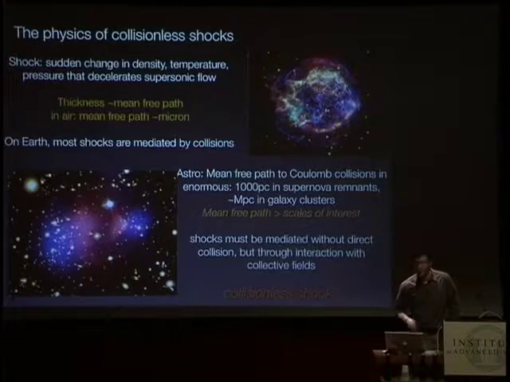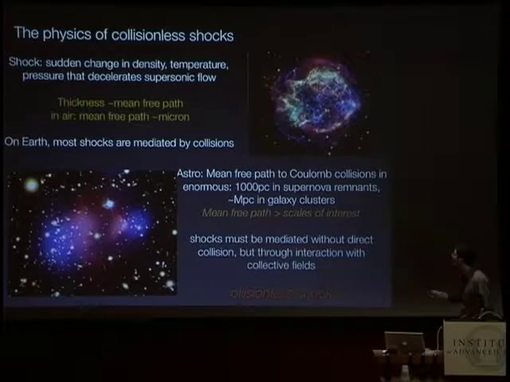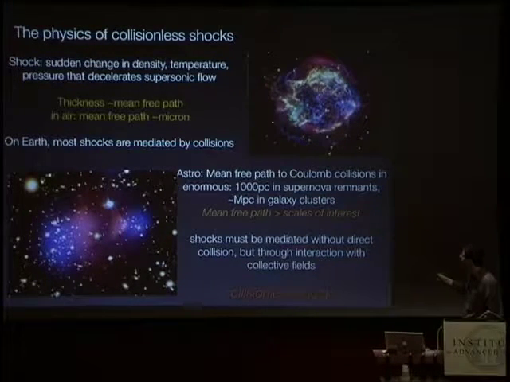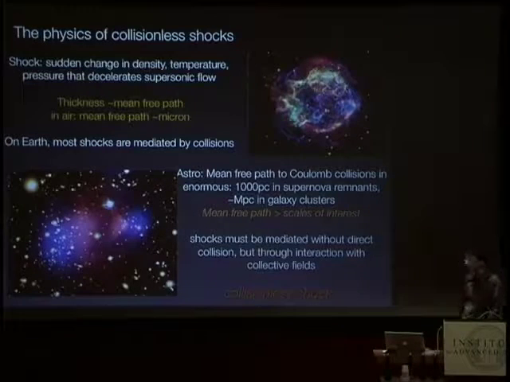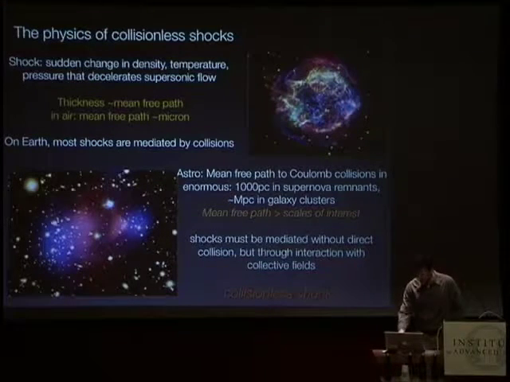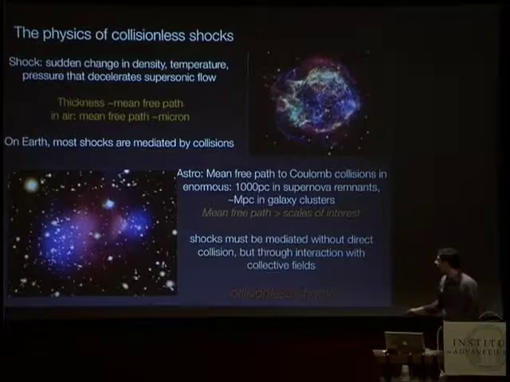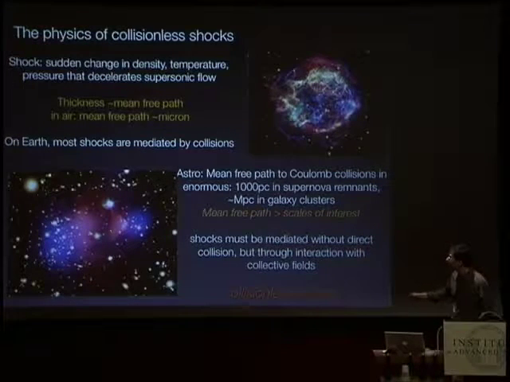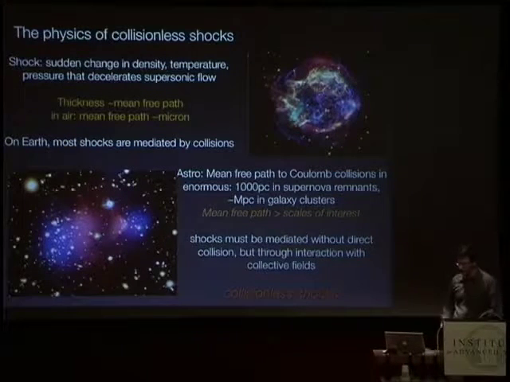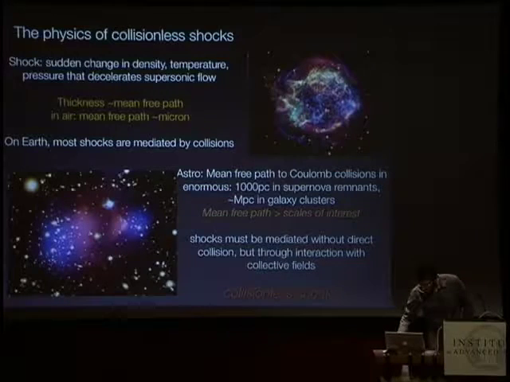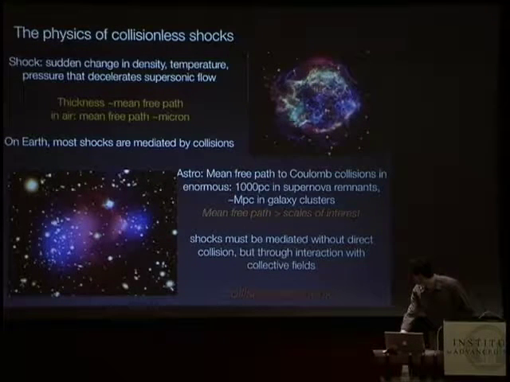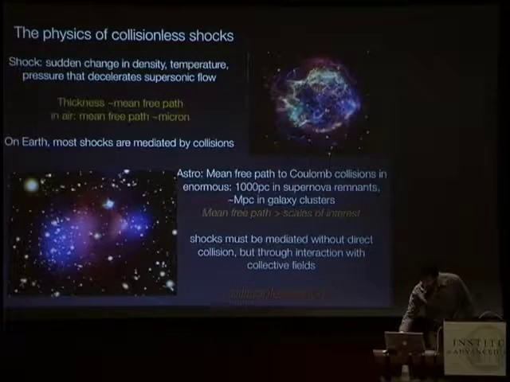So obviously something else is taking place here that makes possible for such sharp structures and shocks to be created. In galaxy clusters, the canonical mean free path would be comparable to the size of the galaxy cluster. There are arguments whether this is the defining figure of merit, but nevertheless, that's the answer.